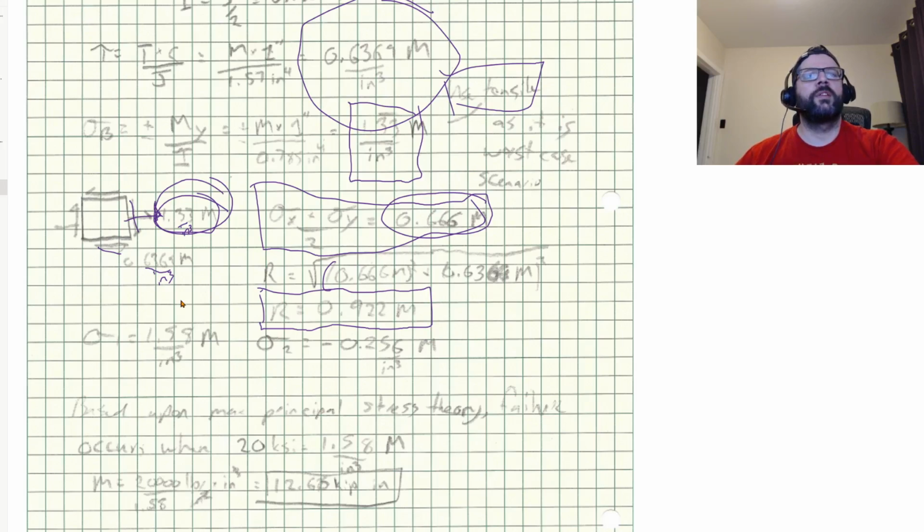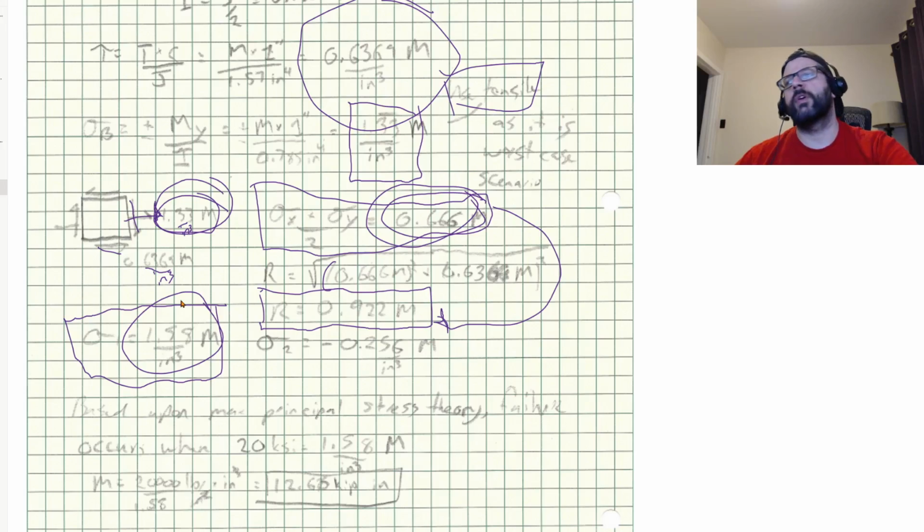So we can solve for our principal stresses. The first principal stress is just our average plus this, which works out to be 1.58 M per inch cubed. And then the second principal stress is this minus this, which gives us negative 0.256 M per inch cubed.